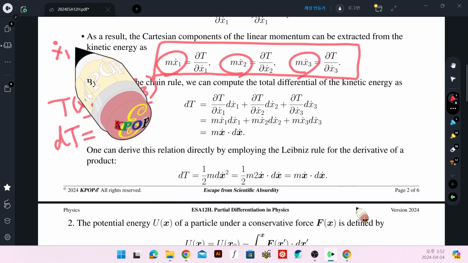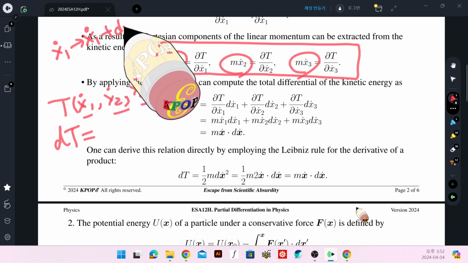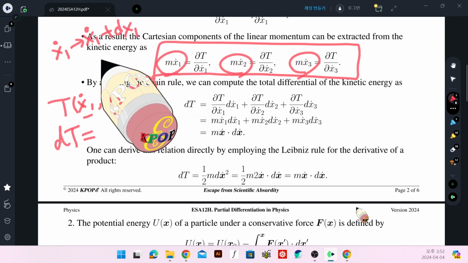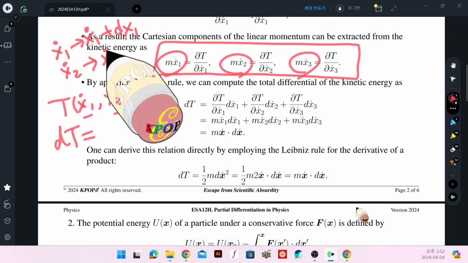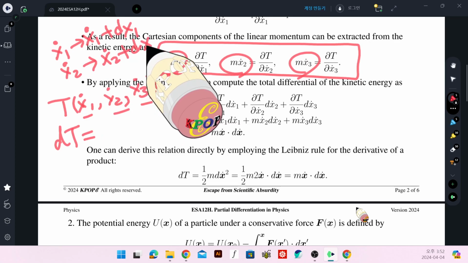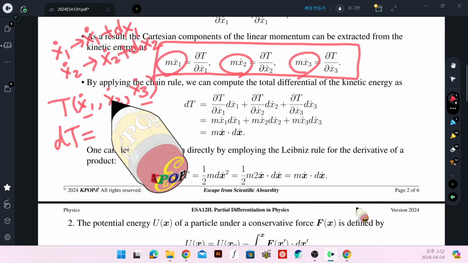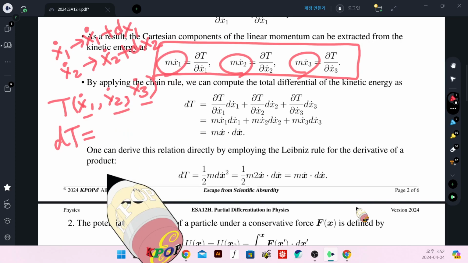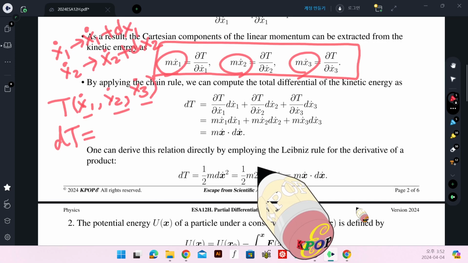So x1 dot becomes x1 dot plus some differential, x2 dot becomes x2 dot plus a differential, something like that. In that case, we apply the chain rule for multiple variables.